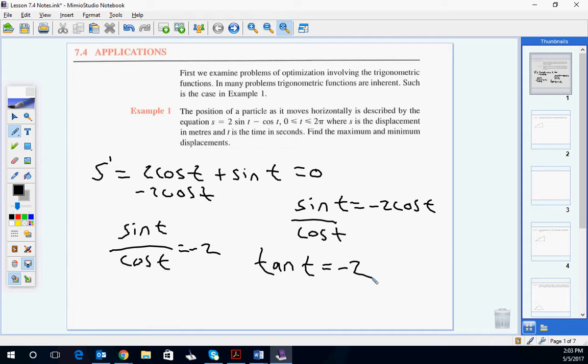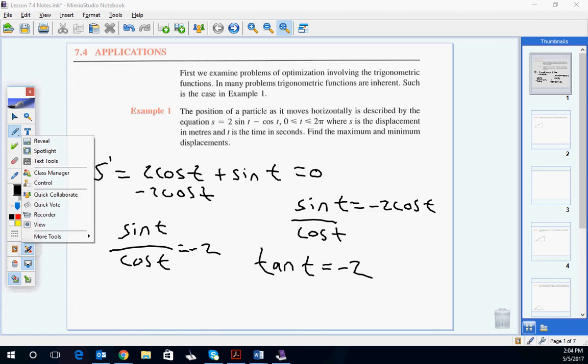If tan t equals negative 2, what can we do with that? We're going to think of that in terms of tangent t. Well, I don't want to show you that right now. Hold on. Let me think.